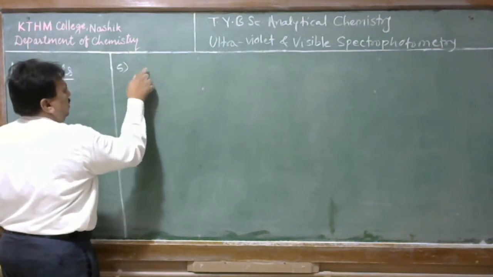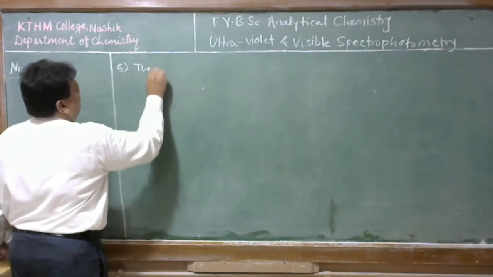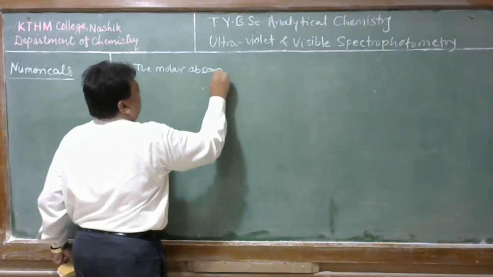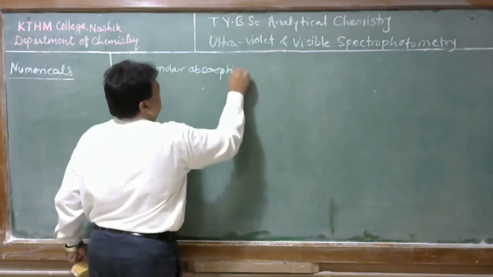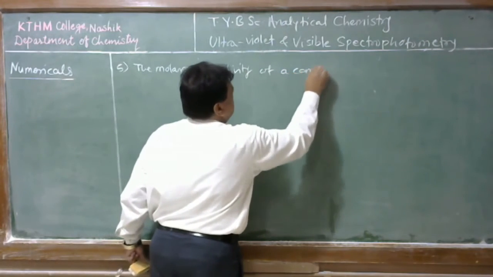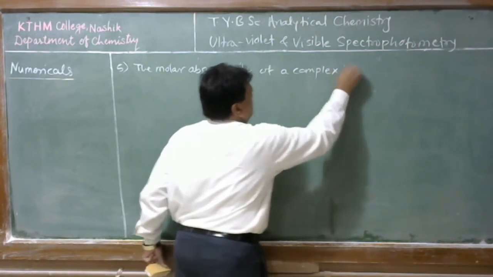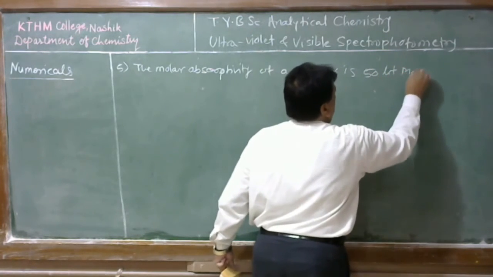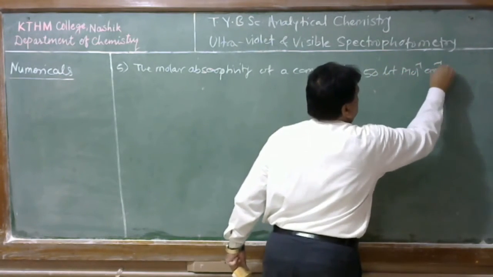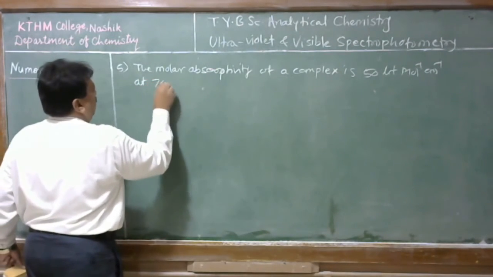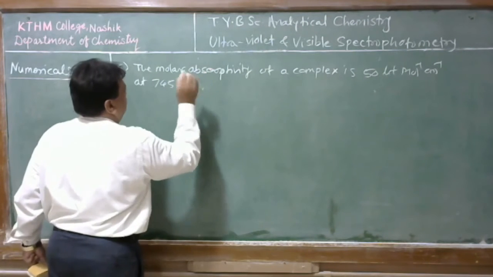Here the molar absorptivity of a complex is 50 liter per mole per centimeter at 745 nanometer.